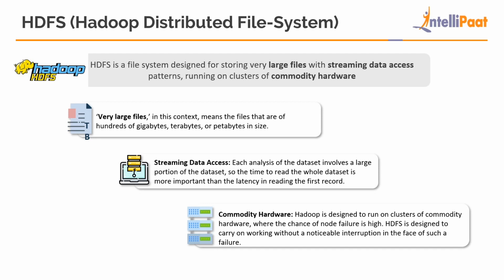Commodity hardware basically means that we can use basic office level equipment. We don't need to buy any special hard drives or server systems in order to store our data. We can use the computers present inside of the office and dedicate some portion of their hardware resources to our Hadoop cluster.